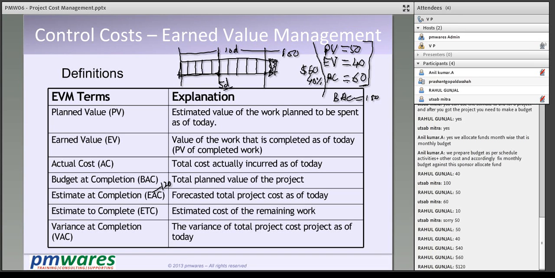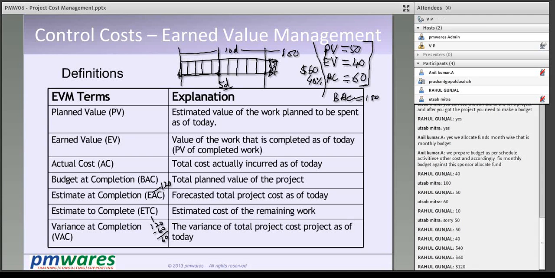So another 60. Actually it's not going to be another 60 because another 60 may get only 40 at this pace. But let's assume that the rest of the things we will do quite well. So in this case it becomes 120 minus actual spent 60, which is 60, right?